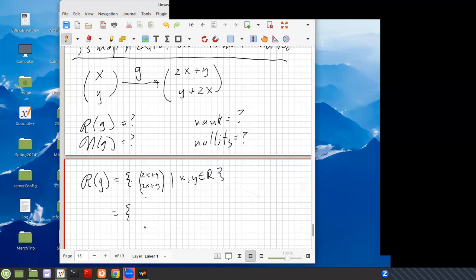Does anyone else have any ideas? Well, I can write in my choice. R times 1, 1 for R any real numbers.